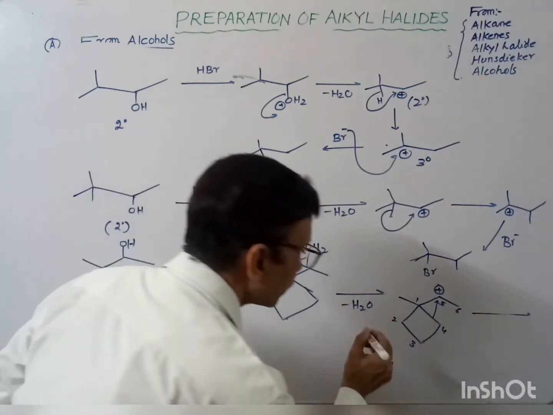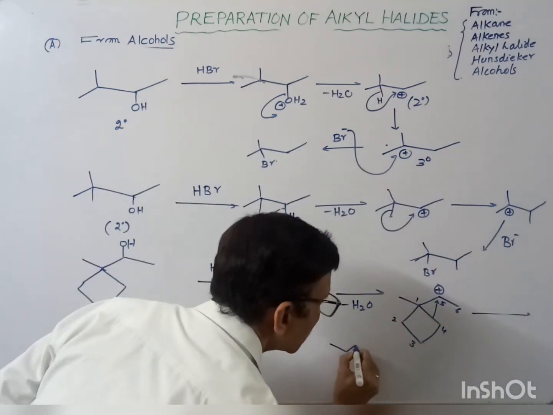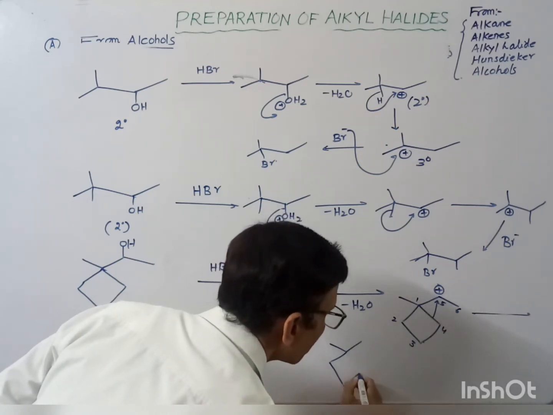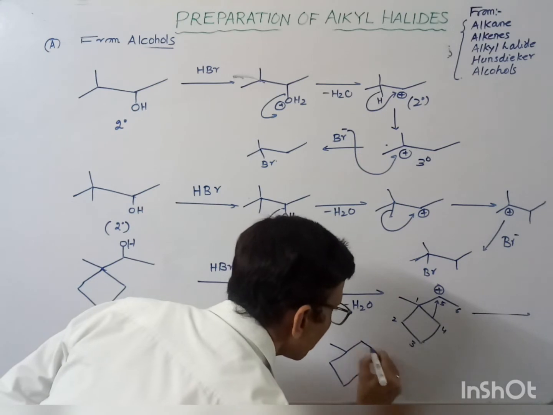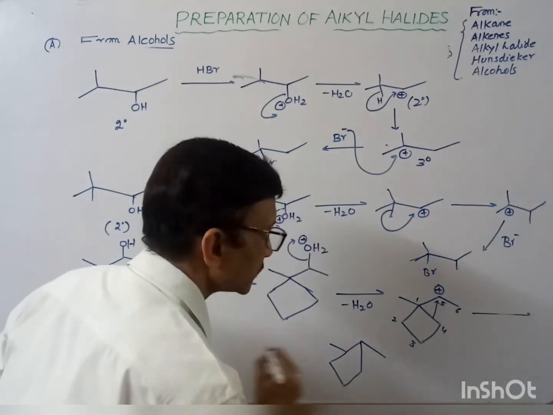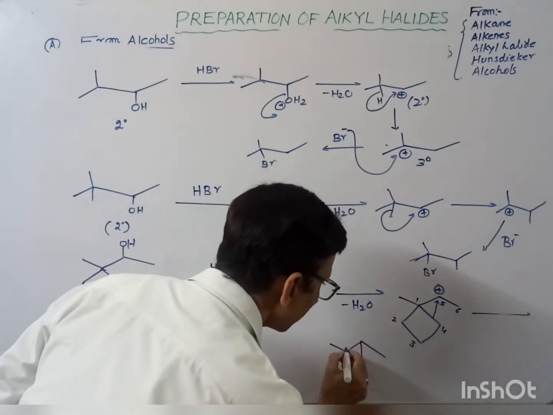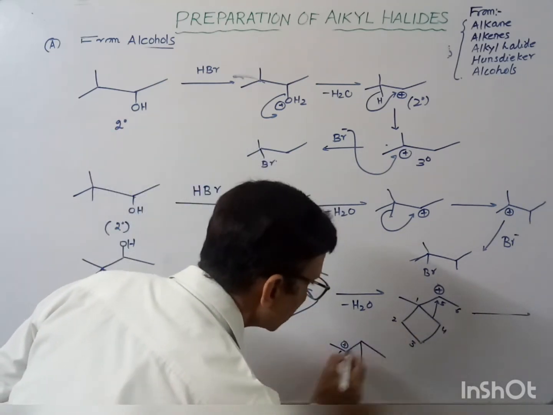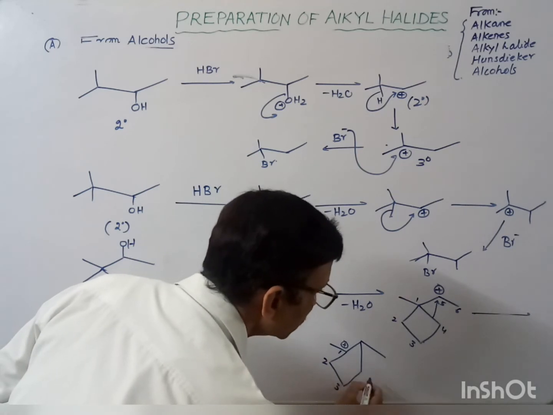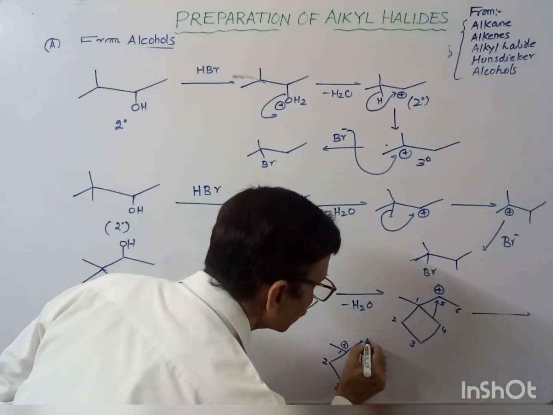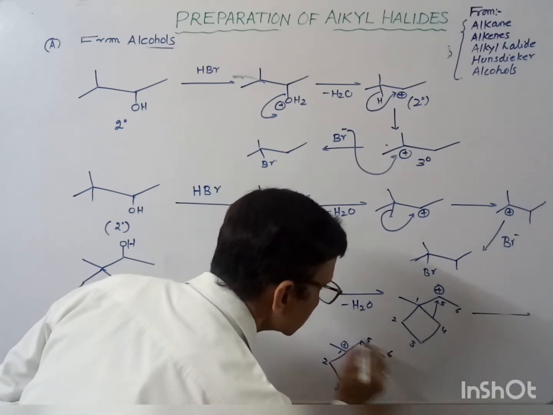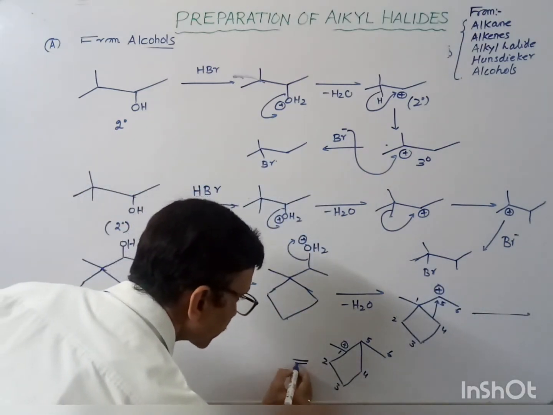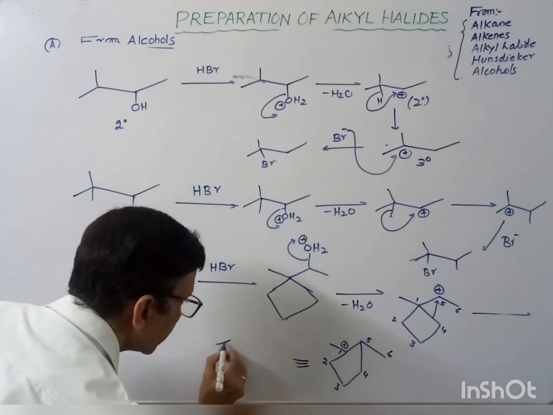So what we will get, like this, and the positive charge will come over this first position. So this is first one, this would be second, third, fourth, and this would be fifth, and this is the sixth carbon.